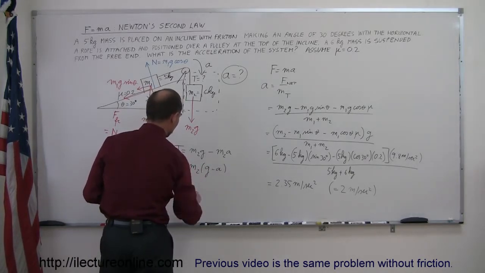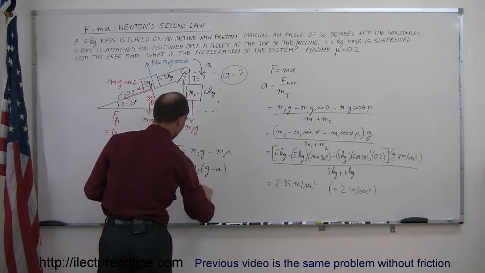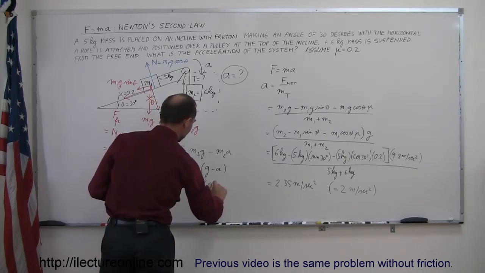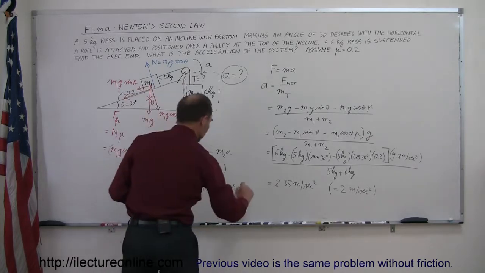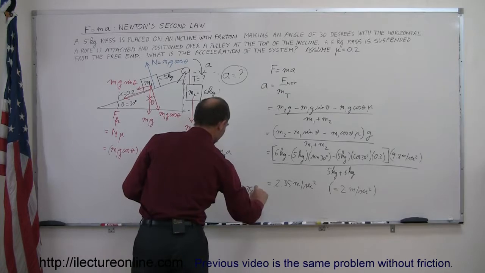And so m2 is equal to, in this case, 6 kilograms times g, which is 9.8 meters per second squared, minus 2.35 meters per second squared.